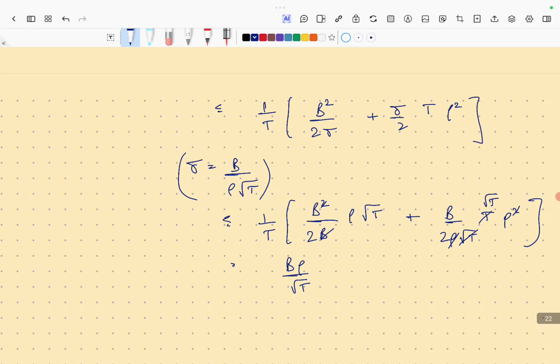So f of x bar t minus f of x star is guaranteed to be less than or equal to b times rho times square root of t.